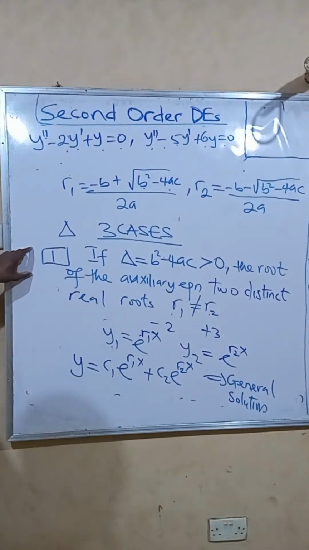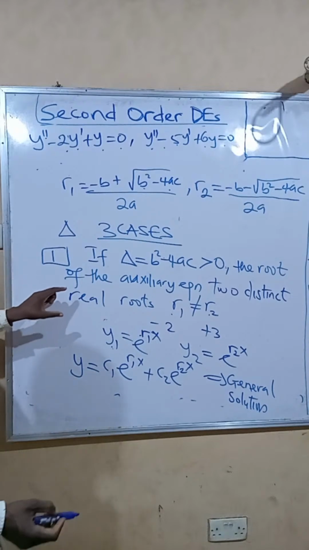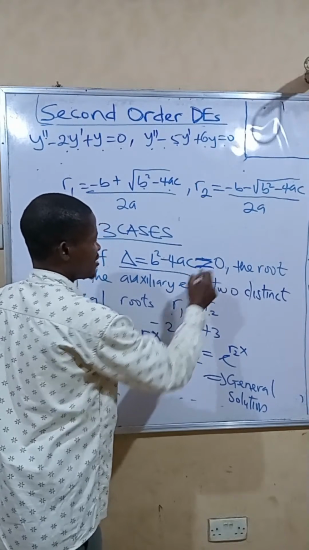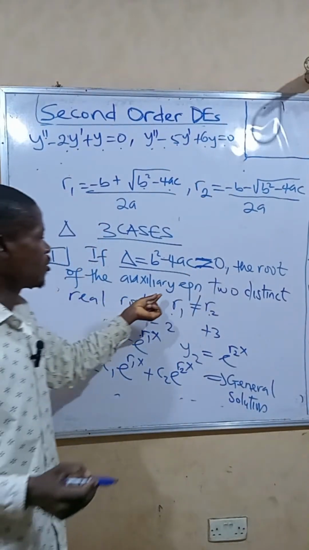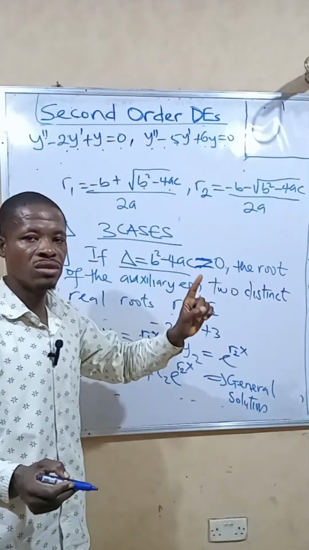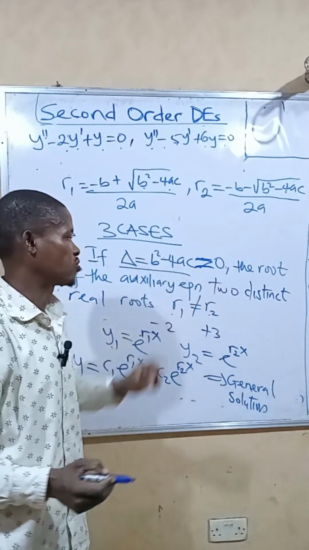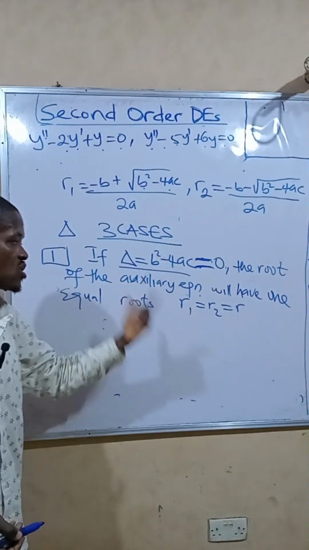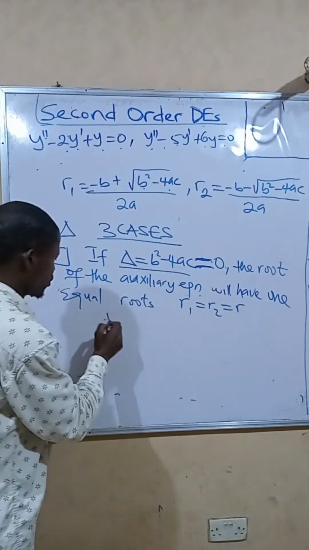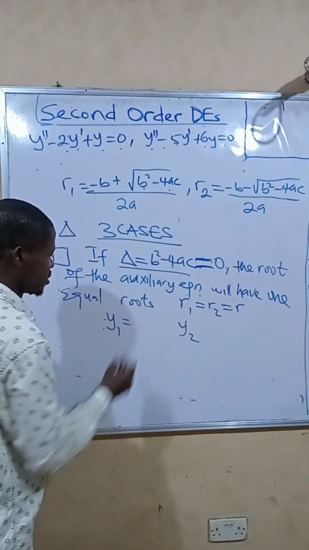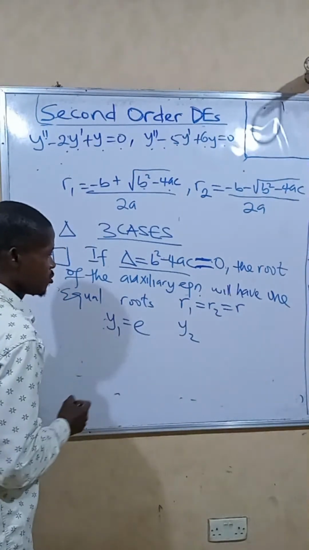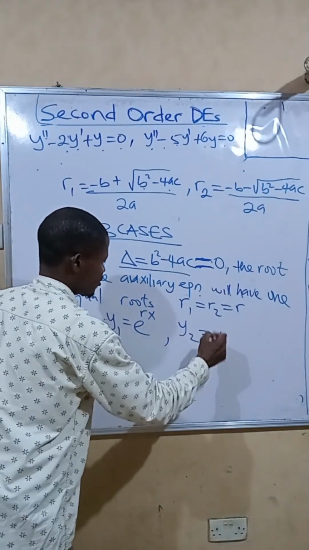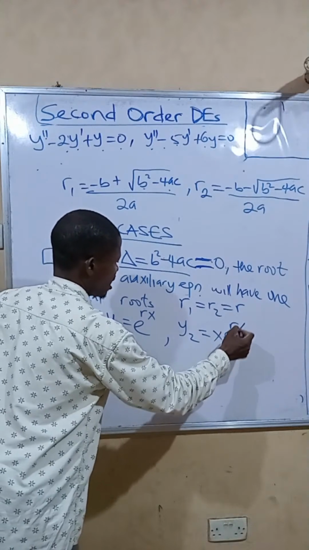Case two is when your discriminant is equal to 0. When your discriminant is equal to 0, we have one equal root of the auxiliary equation. So the two solutions, y1 and y2, will be y1 equal to e to the power rx, and the second one y2 equal to x e to the power rx.